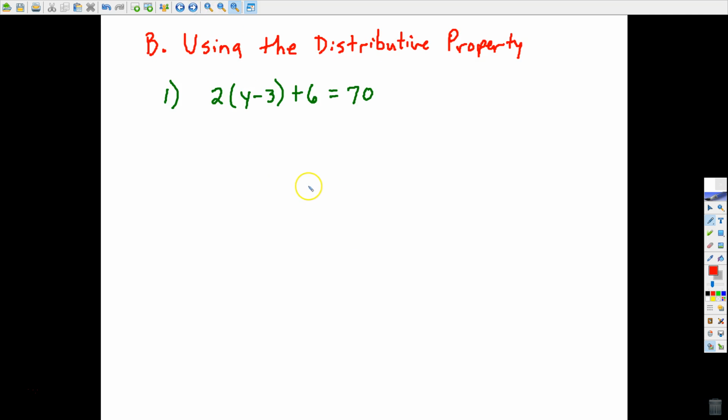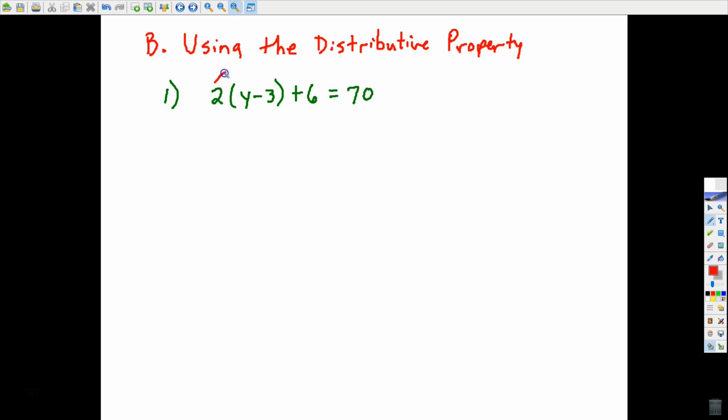All right, some of the problems that you're going to be dealing with in this assignment will have grouping symbols or parentheses within the equation. And so it's going to be necessary to remove those parentheses, and most of the time that means using the distributive property.